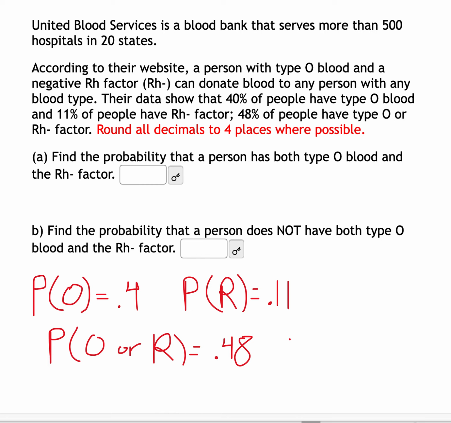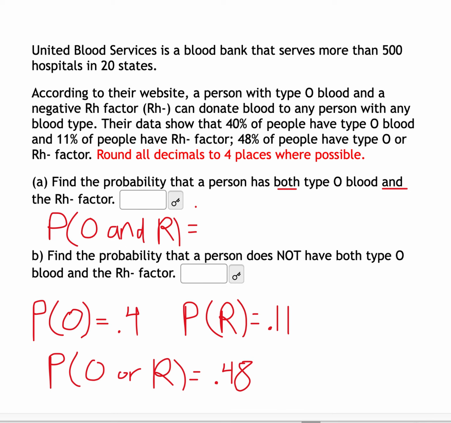Now we're going to use this information to find part A. It says, find the probability that a person has both type O and the Rh factor. So what we're trying to find is the probability of O and R, using the information and the formulas that we have.